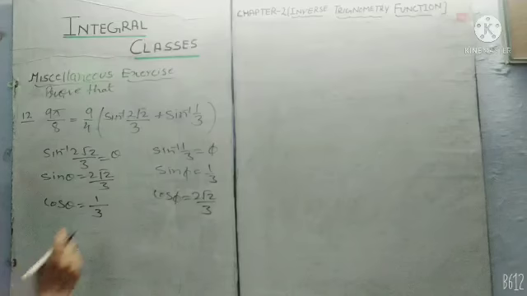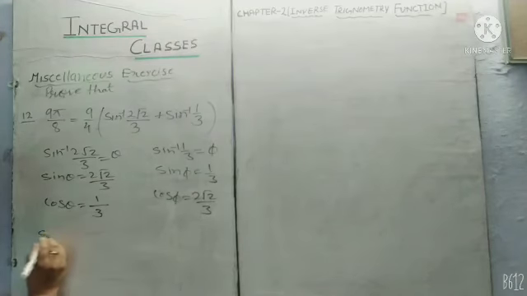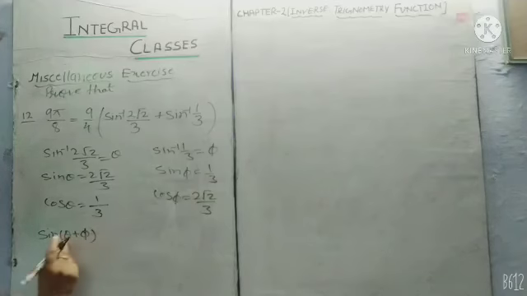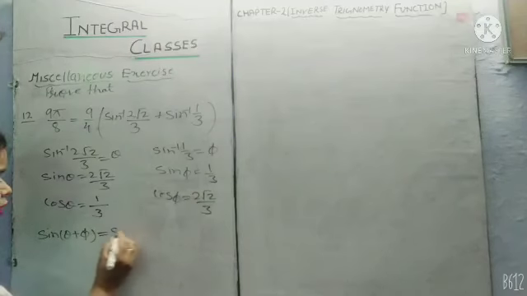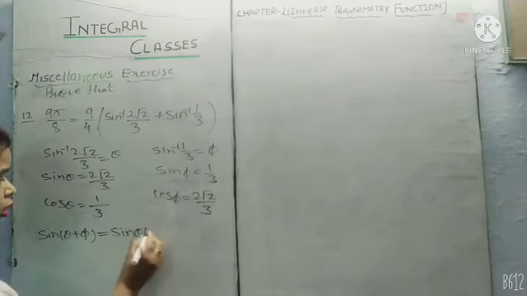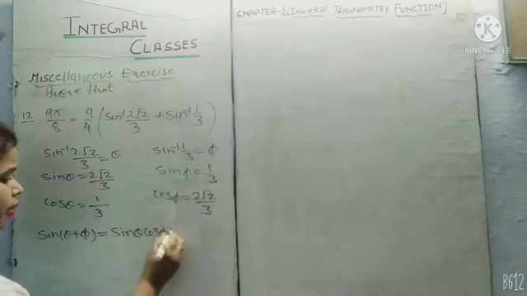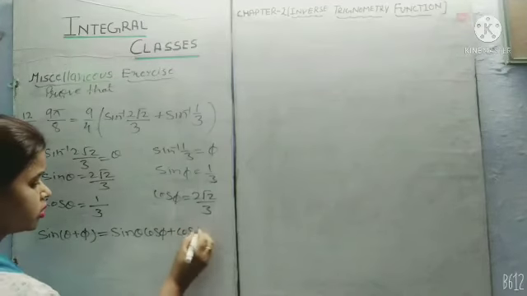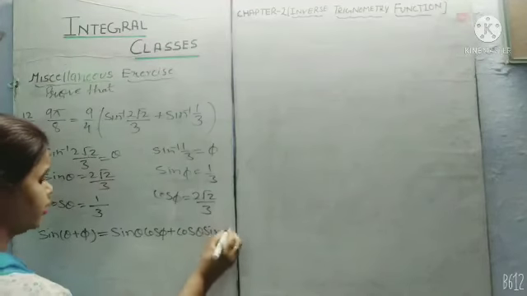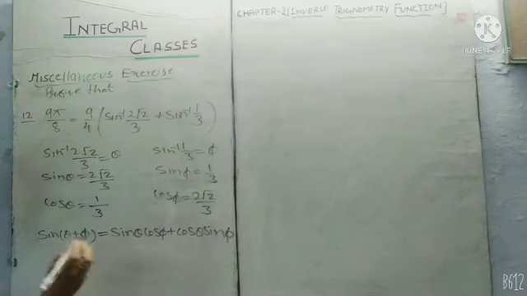Now we will apply the formula of sin. Which formula we will apply here? Sin a plus b. Sin theta plus phi equal to sin theta cos phi plus cos theta sin phi. Now we will put all the values.